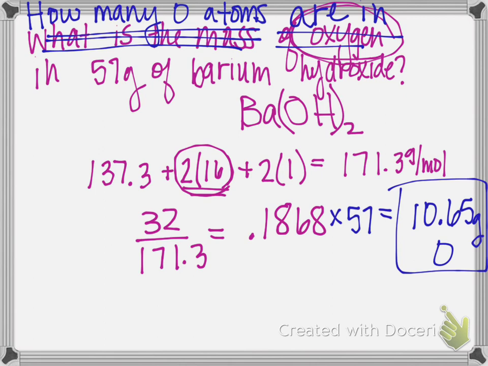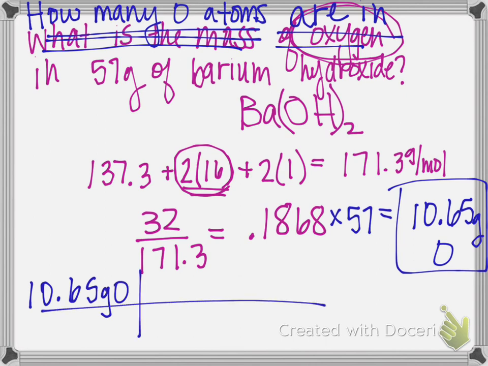Once I have 10.65 grams of oxygen, I'm going to go back to our land of T-charts and convert from grams to atoms. I know it's been a while. Do you remember what we're able to convert with? Grams to what? To moles, grams to moles, then we can go moles to atoms, or molecules.